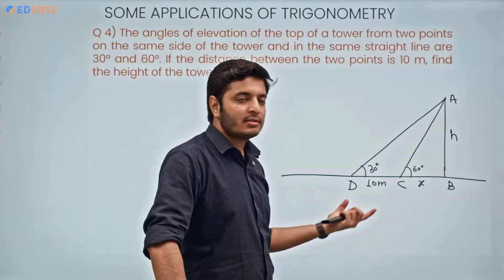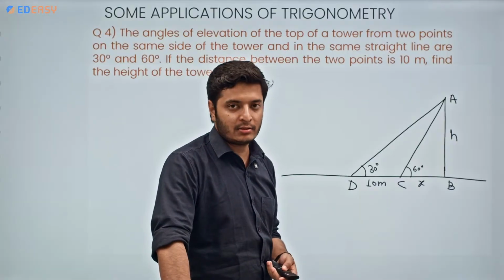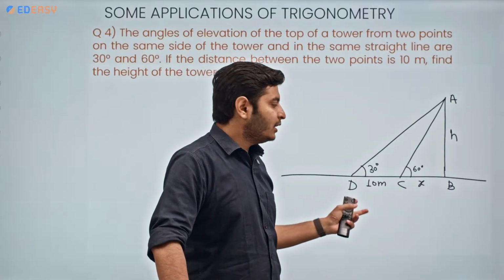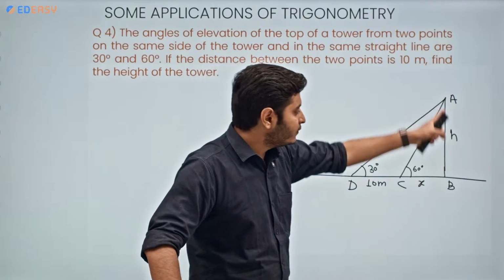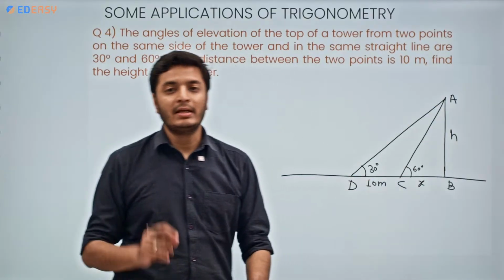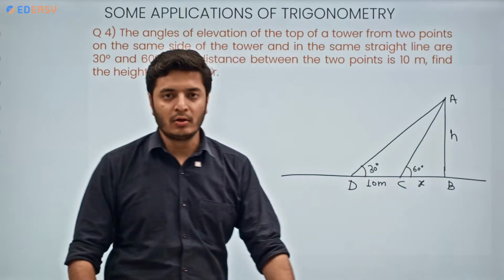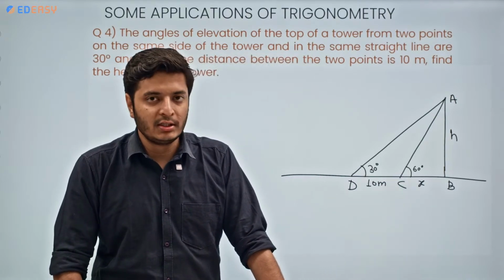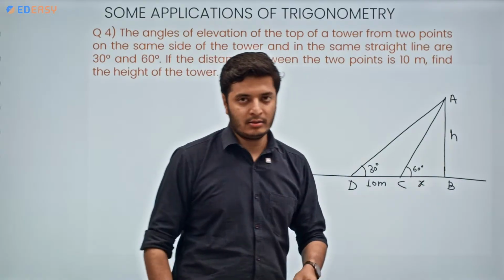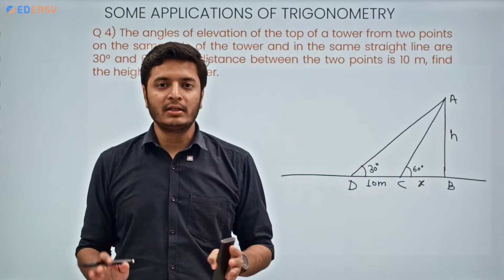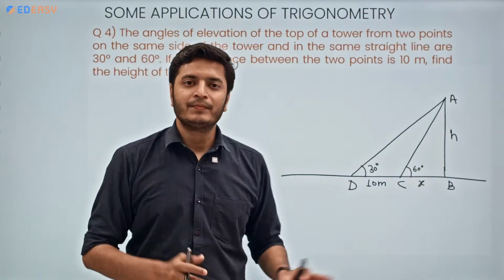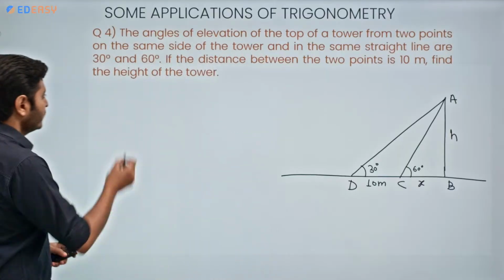Also, the distance between C and D is 10 meters, given part. Now, we are considering the height of the tower, or AB, to be h. Then you will write the distance between the foot of the tower and point C we are considering to be x.